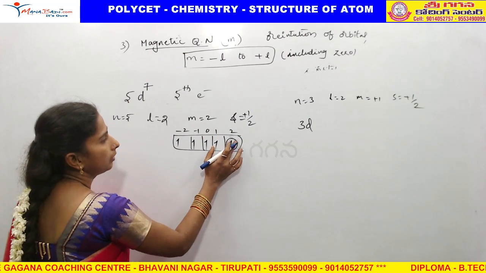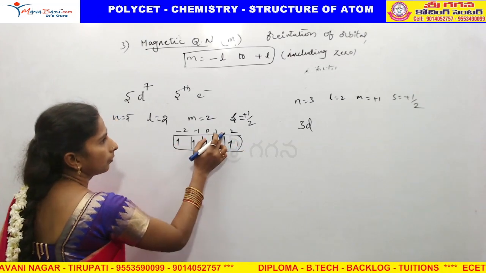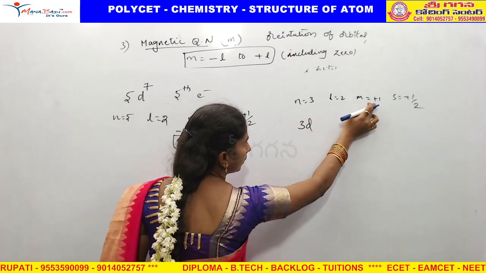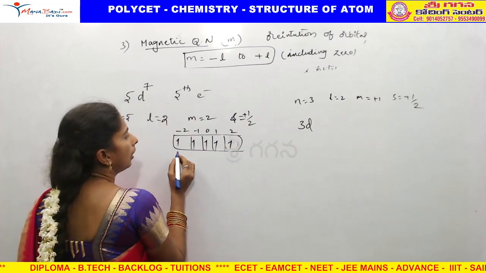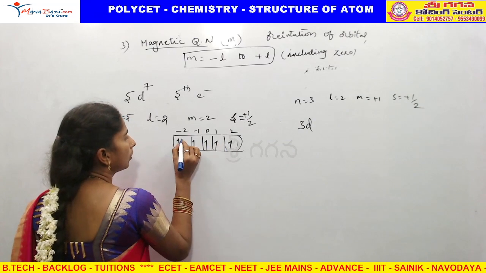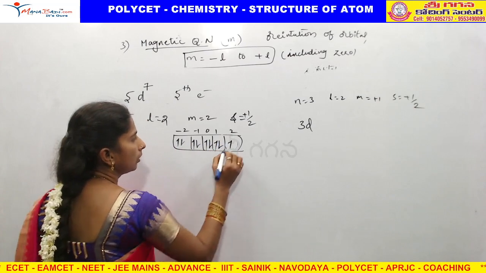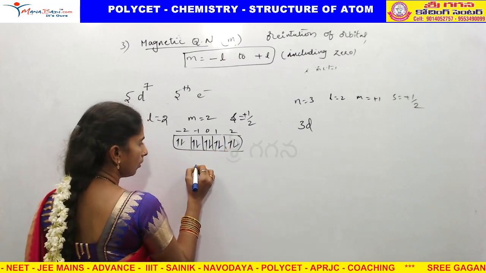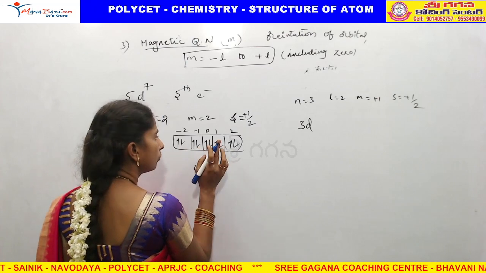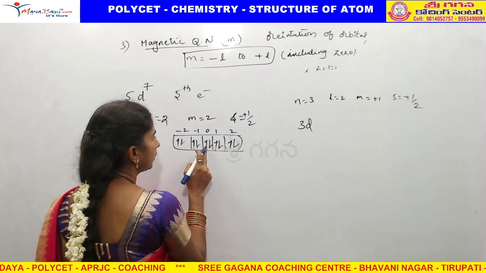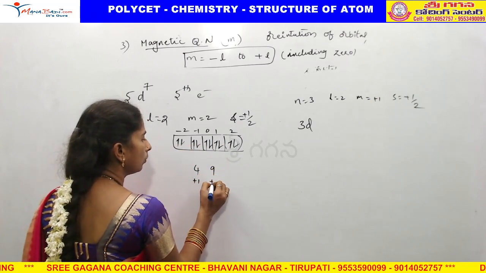Where m they gave as plus 1, so plus 1 in the D orbital is for the fourth electron and the 9th electron. Both have plus 1 value only.